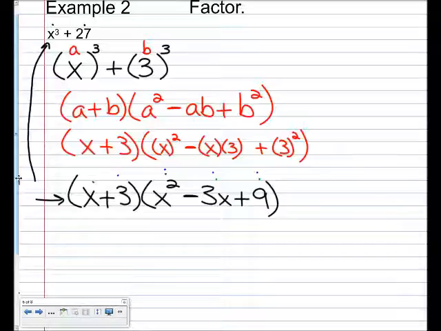As you get a little bit more comfortable with doing this process, this step here, you can go ahead and just leave out. If you can do this stuff mentally, like put 3 and x together and then 3 squared to make 9, that's fine. But for now, if you need to show all the work, those are the steps that I would show.